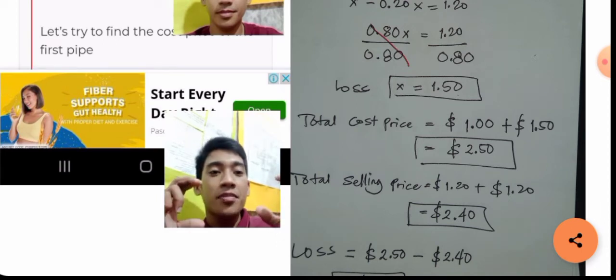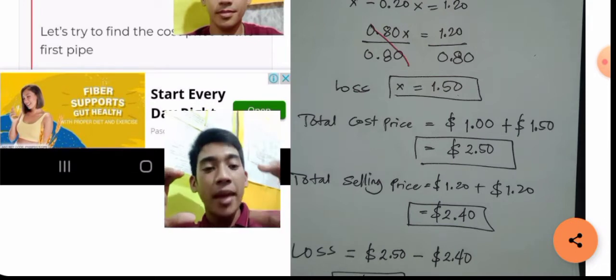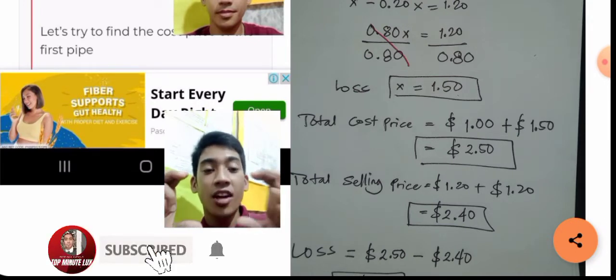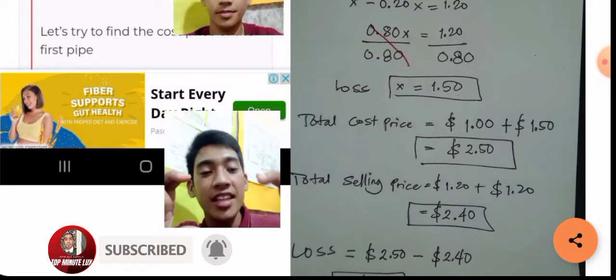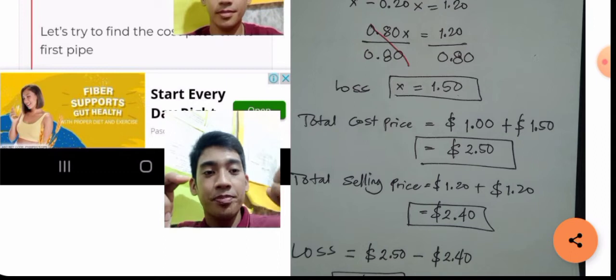The cost price is paid by the seller to obtain the pipes. Okay? Cost price.